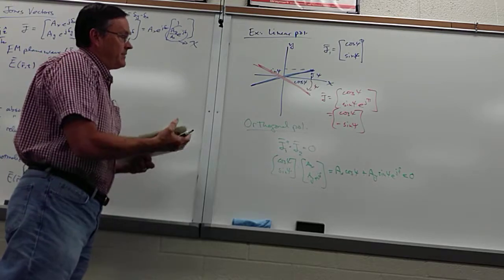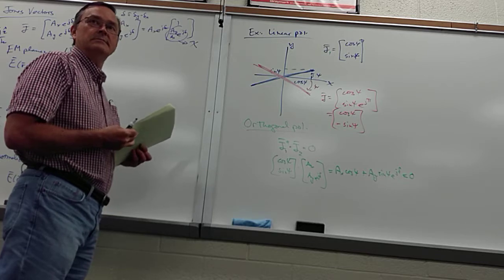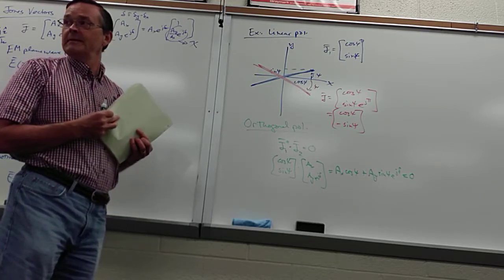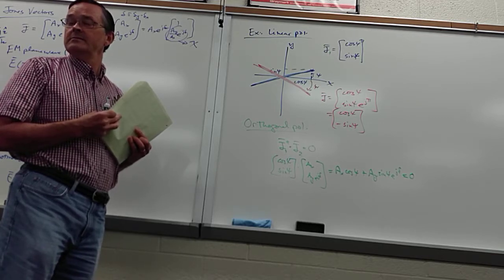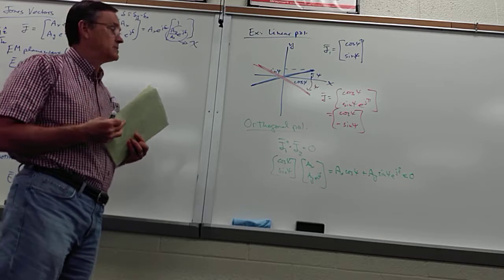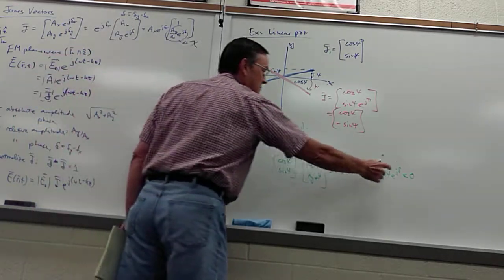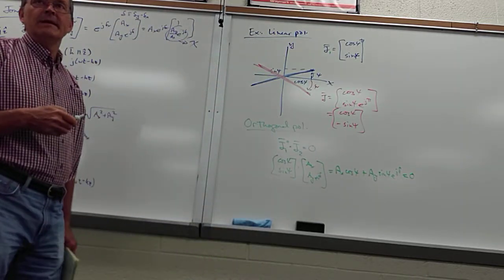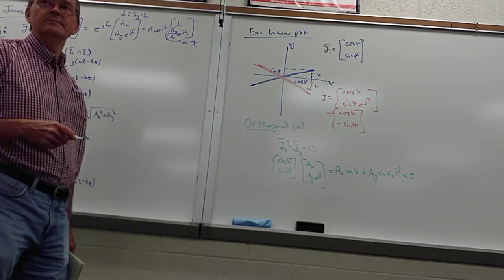So I have one equation and how many unknowns? Two, because ax and ay can become a tangent, right? Yes, that's right. So I basically have two unknowns, delta and the ratio of ay to ax. I have one equation, but really I have two equations because it's a complex equation.